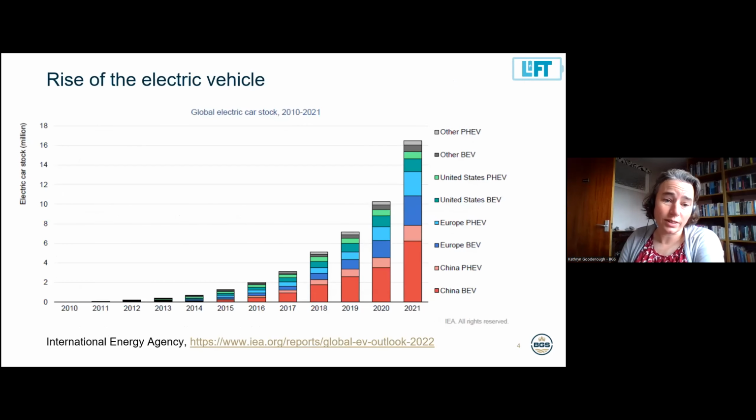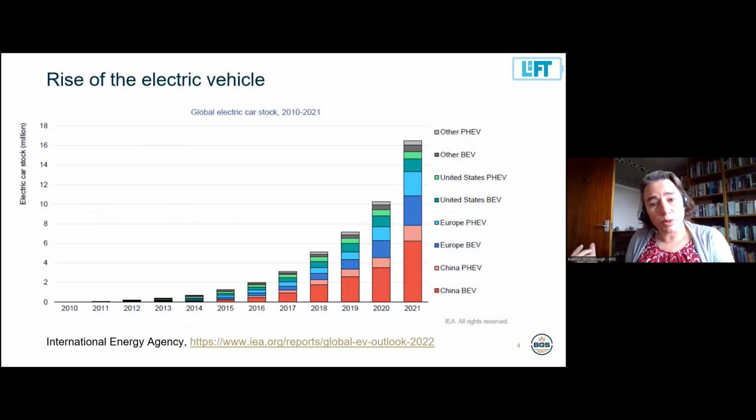In fact, if you look at this figure from the International Energy Agency, from their Global Electric Vehicle Outlook that they release every year, this is the change in the amount of electric vehicles worldwide since 2010. You can see that in 2010, there were no electric vehicles on the road to speak of. But now, in the last year, we're looking at over 16 million electric vehicles.